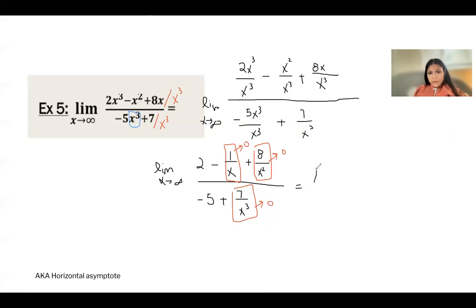What we're left with in this scenario is the limit as x approaches infinity of 2 over negative 5, because the rest of the stuff became 0, right? And the limit of a constant, y'all, is always the constant. So it's negative 2 over 5. Remember, if the 5 is negative, that just makes my overall fraction negative. That's why I moved the negative to the front. That is the limit, and this is using the principle of dominance.